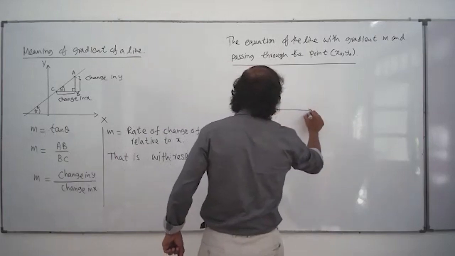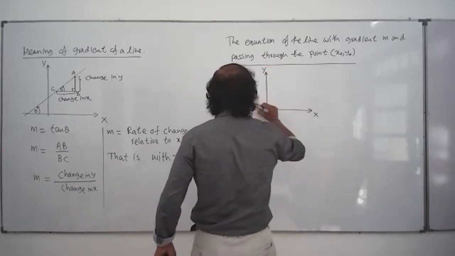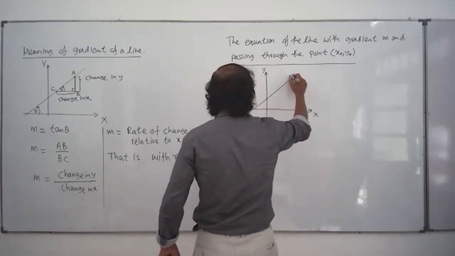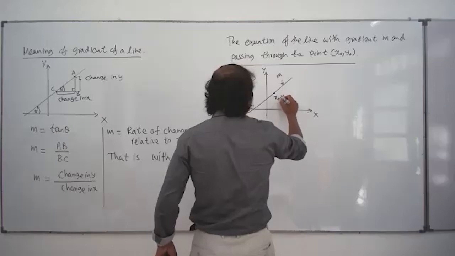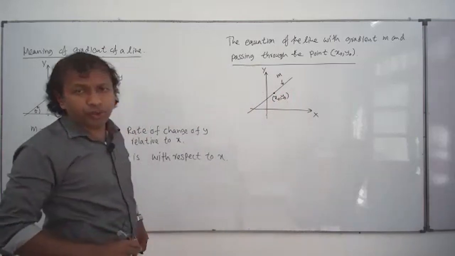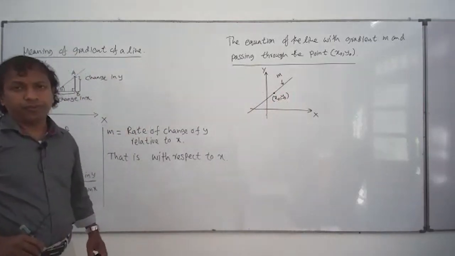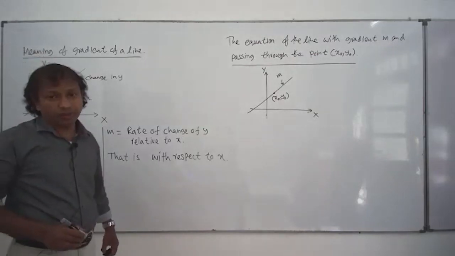Yeah, we'll draw like this, people. The line, x-axis this, y-axis this, is the line. Gradient is m. Any point on the line is x naught, y naught. This x naught, y naught are two real numbers. Any two real numbers. You know what is meant by real number.